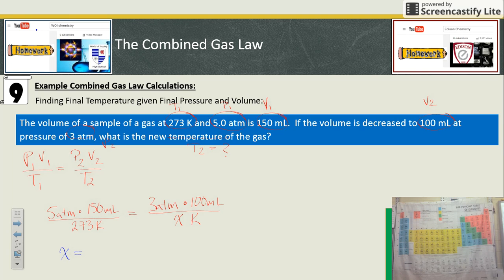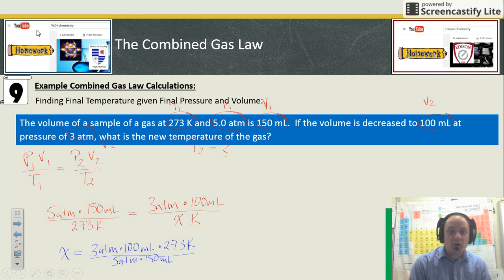X is going to equal 3 atmospheres times 100 mils times 273 Kelvin divided by 5 atmospheres times 150 mils. Well, I did that. I got there because I can rearrange the equation. If you have to use cross multiplication to solve for X, you go ahead and do it.